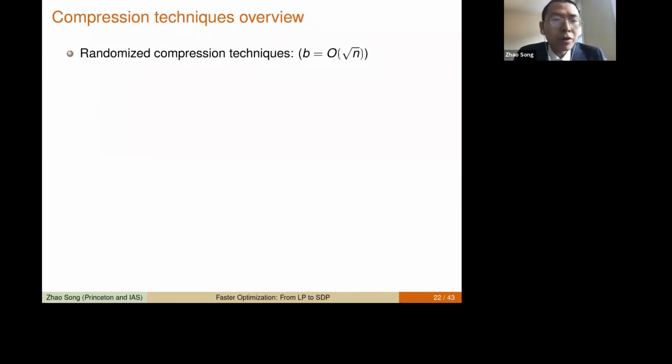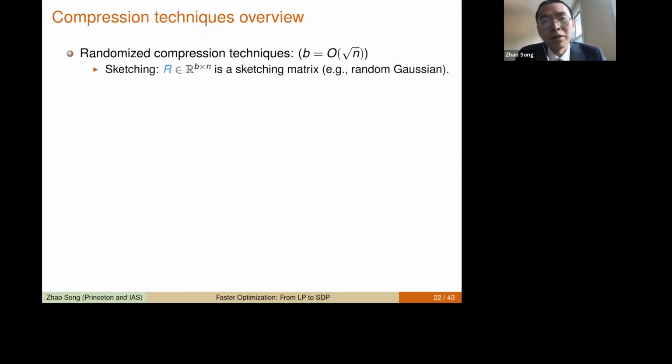Let me briefly remind you what the compression techniques are. We are going to use some randomized compression techniques, so-called sketching. Your sketching matrix can be a very dense matrix. Each entry is a random Gaussian entry, and the matrix is very fat and only has root n rows. Sometimes there are also other sketching matrices, you can see more in this book.